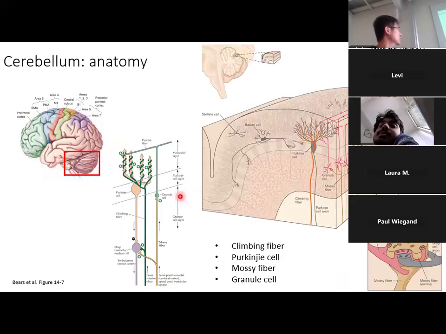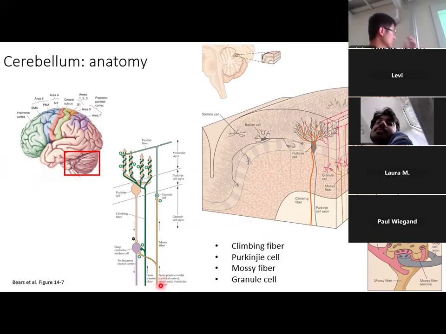So let's look a little deeper into the neural circuitry in the cerebellum. Let's first forget about all the terminology of different fibers. Roughly speaking, in the cerebellum, first you see these arrows going up. This is the input to the cerebellum. It terminates first at the deep cerebellar nuclei.